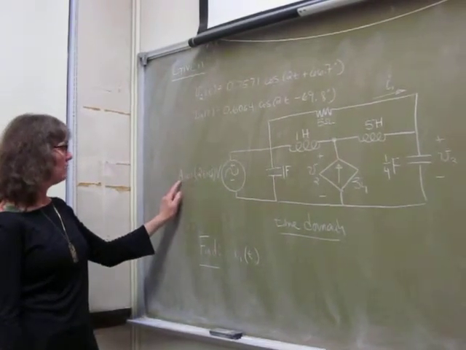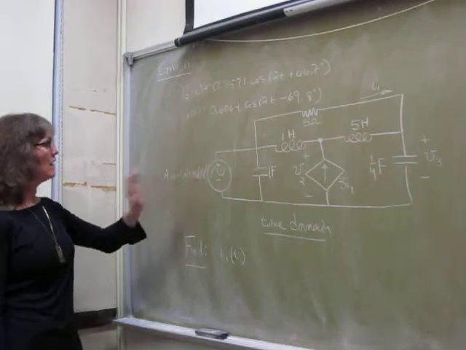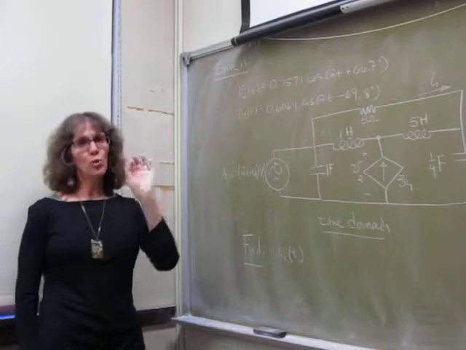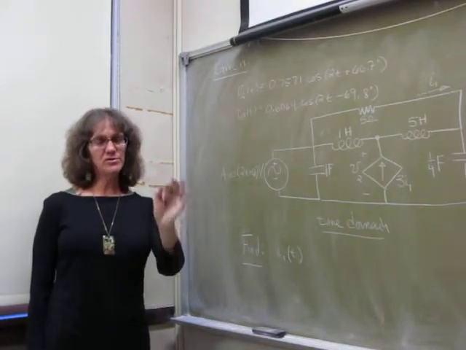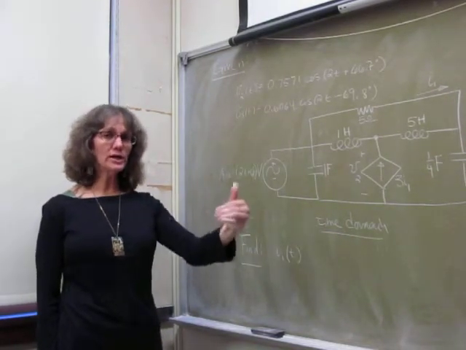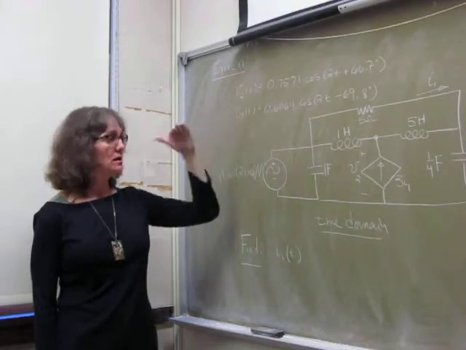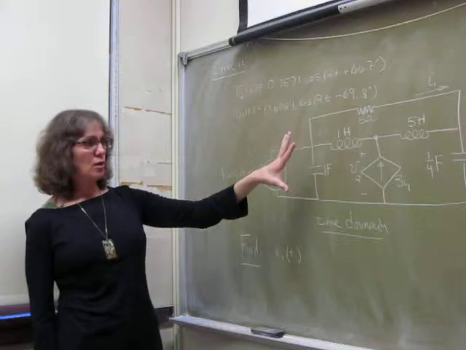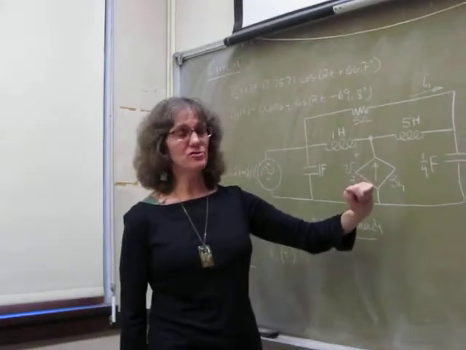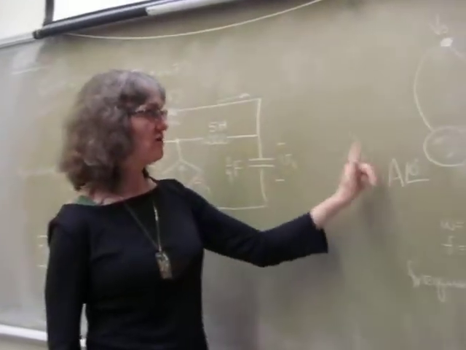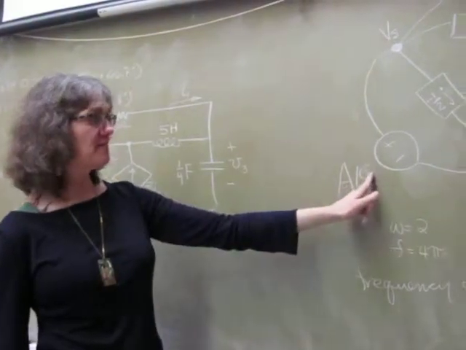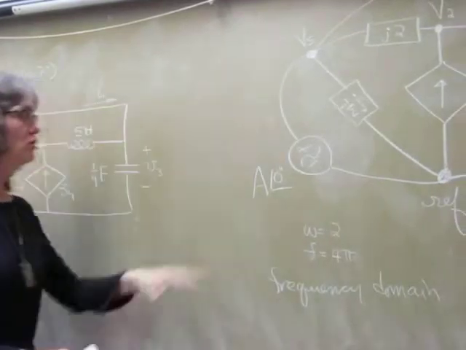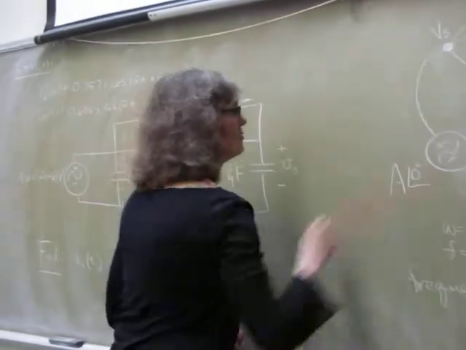You take the magnitude and the phase angle, and that's all you need to show it as a phasor. So what's a phasor? A phasor is a voltage or a current in a sinusoidally driven circuit where we're only interested in the forced response. The phasor is just the magnitude and the phase angle of that voltage or current. In this case, it's a voltage, as you can see.